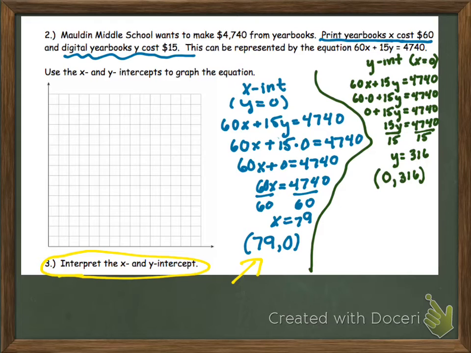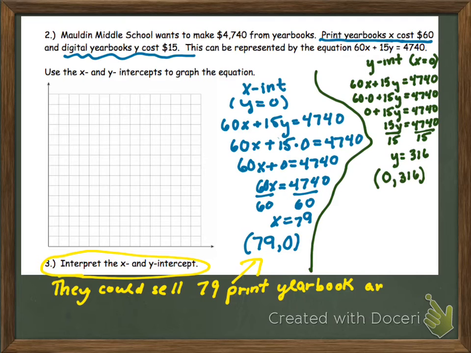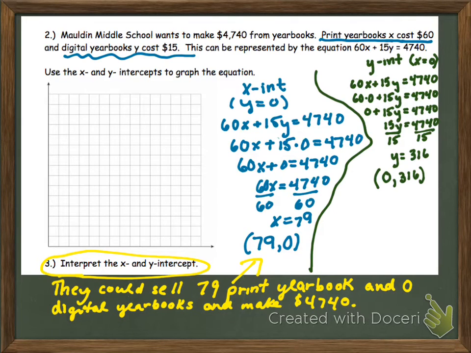So the (79, 0), since the x was the print yearbooks, this means that they could sell 79 print yearbooks, that was x, and 0 digital yearbooks, and make their $4,740. That's that x-intercept.